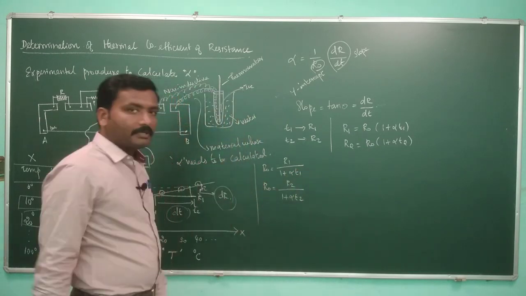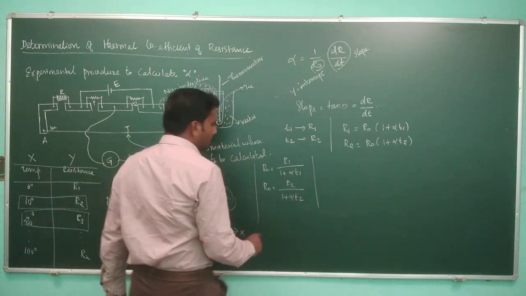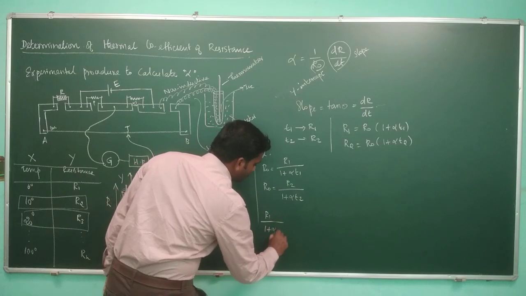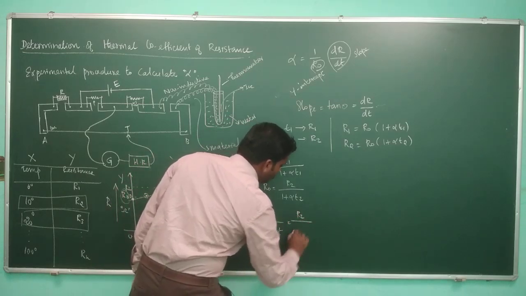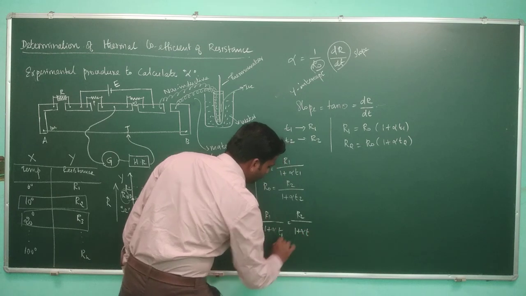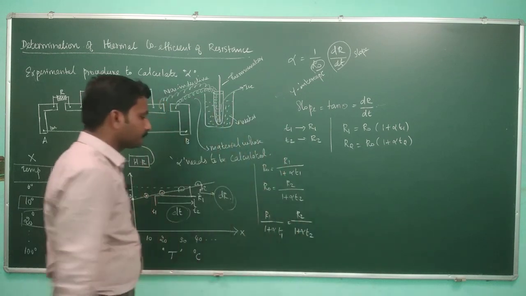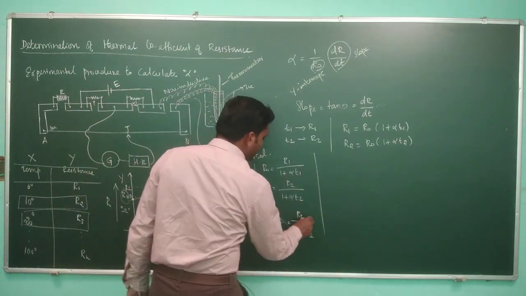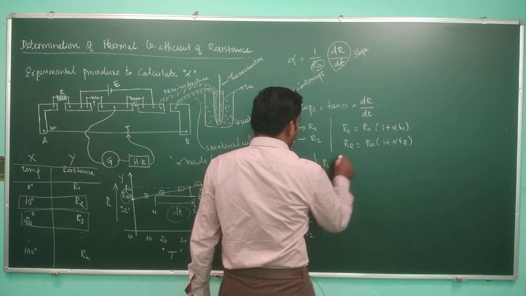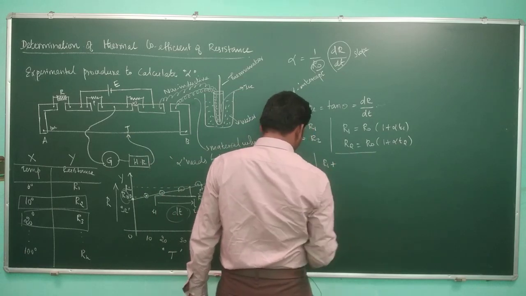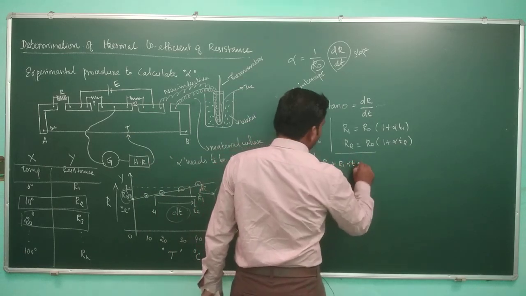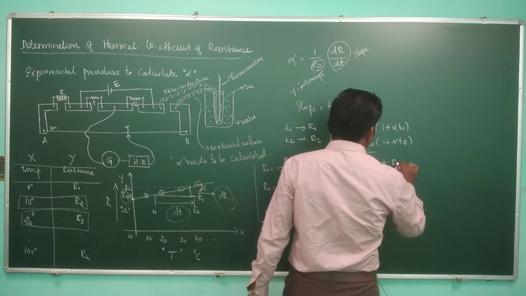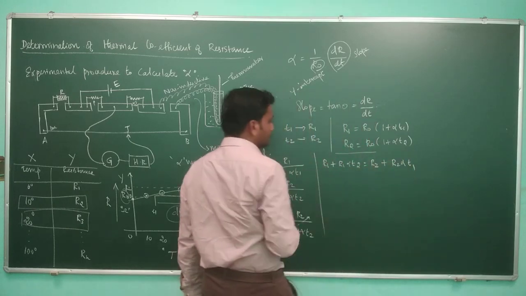The left hand sides are equal, so the right hand sides must also be equal: R1 by 1 plus alpha T1 equals R2 by 1 plus alpha T2. Okay, now cross multiply, so that R1 plus R1 alpha T2 equals R2 plus R2 alpha T1.